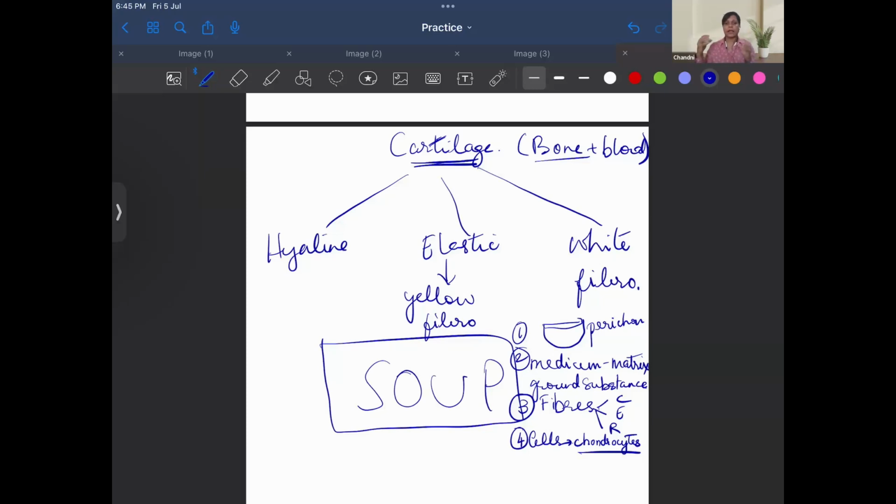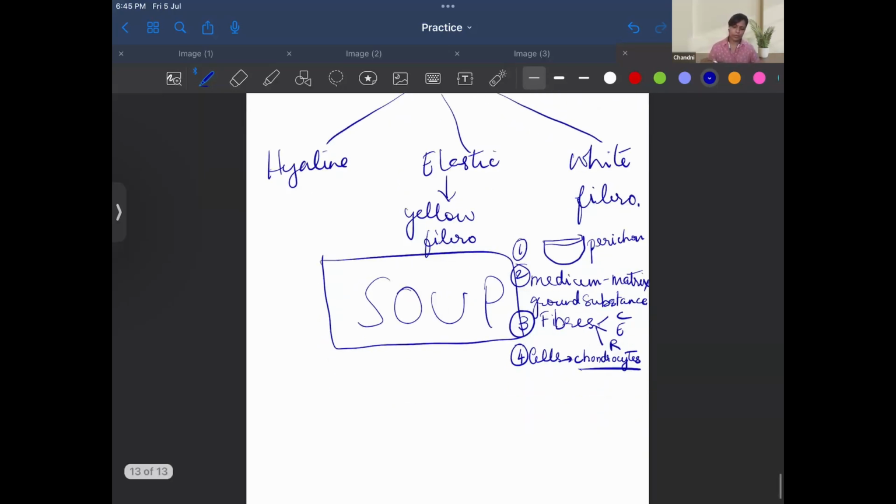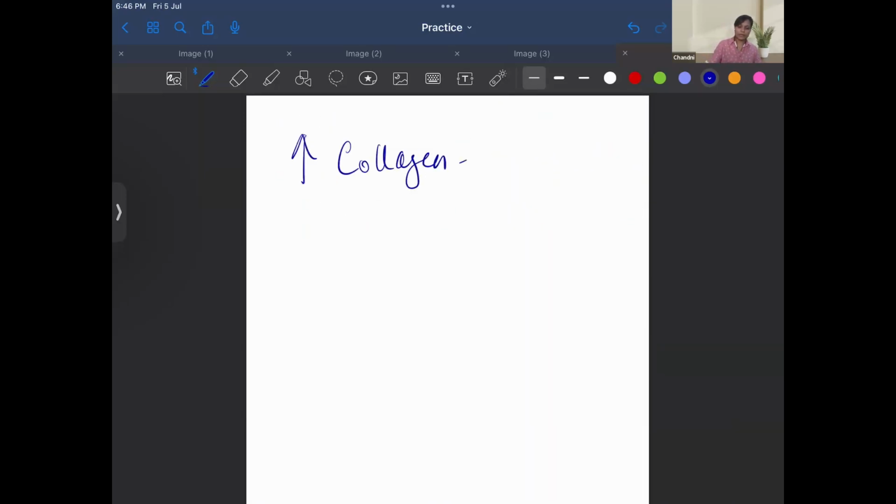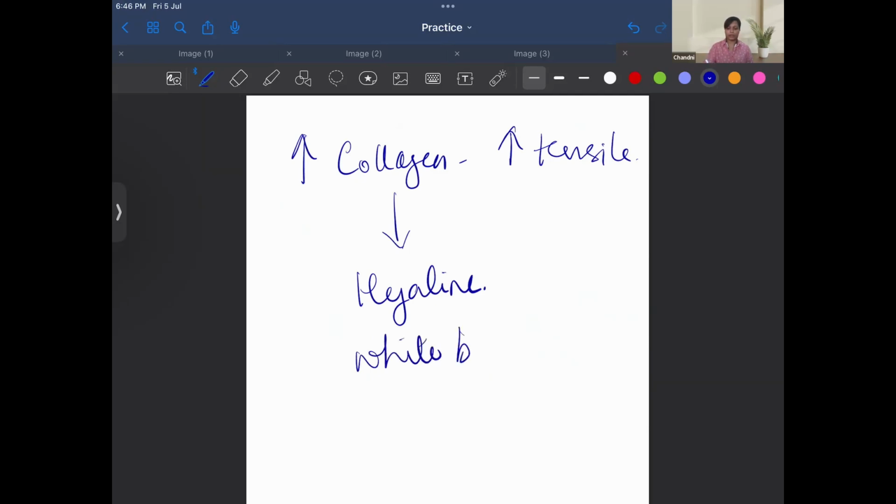Next, coming to fibers and then coming to cells. So based on how much fiber is required, for example, if there is a lot of collagen fiber, that means increased tensile strength. This is a characteristic feature of hyaline, and white fiber also actually.